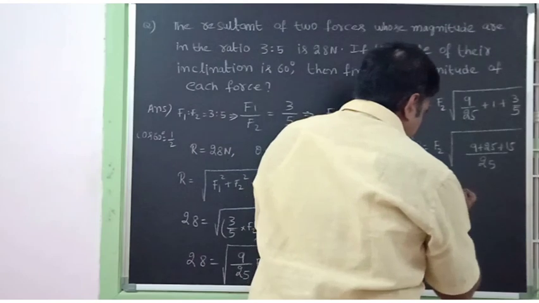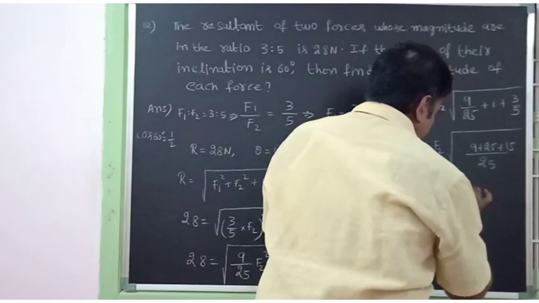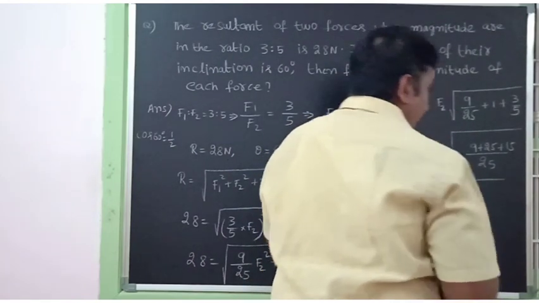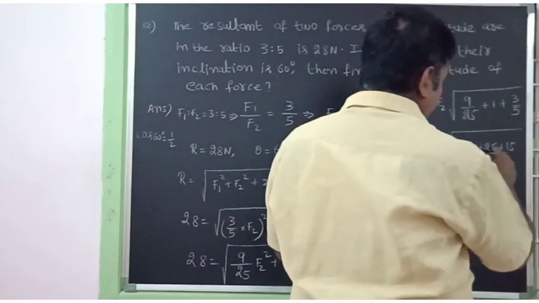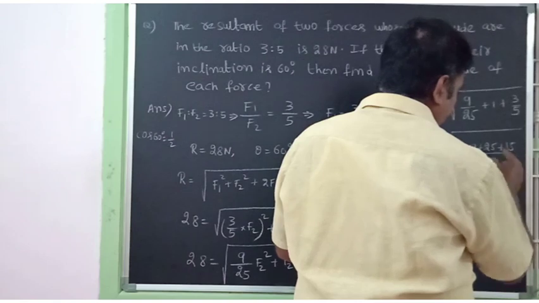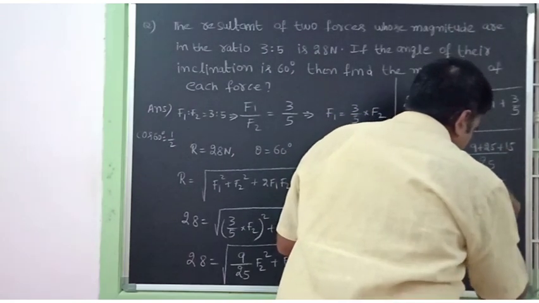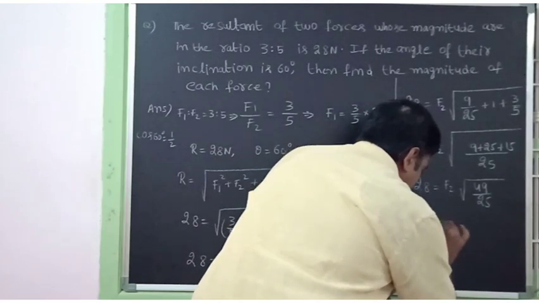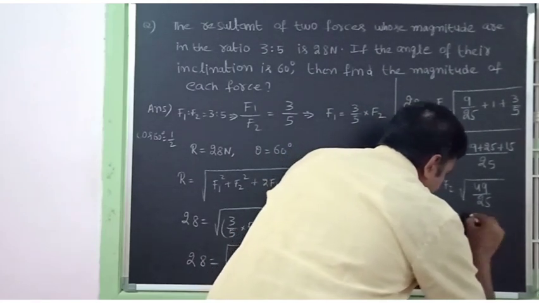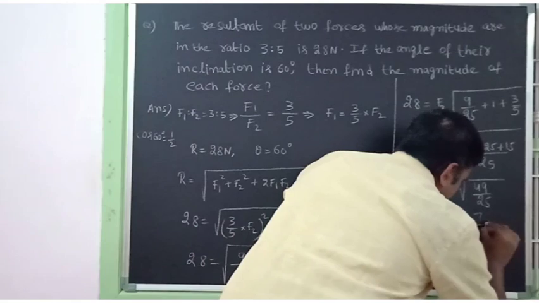So 28 is equal to F2 into root of 49 by 25, and the root of 49 by 25 is 7 by 5.